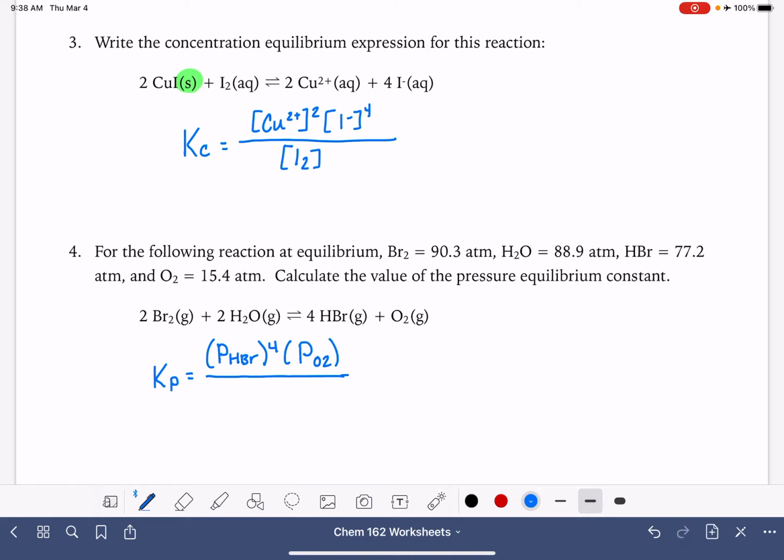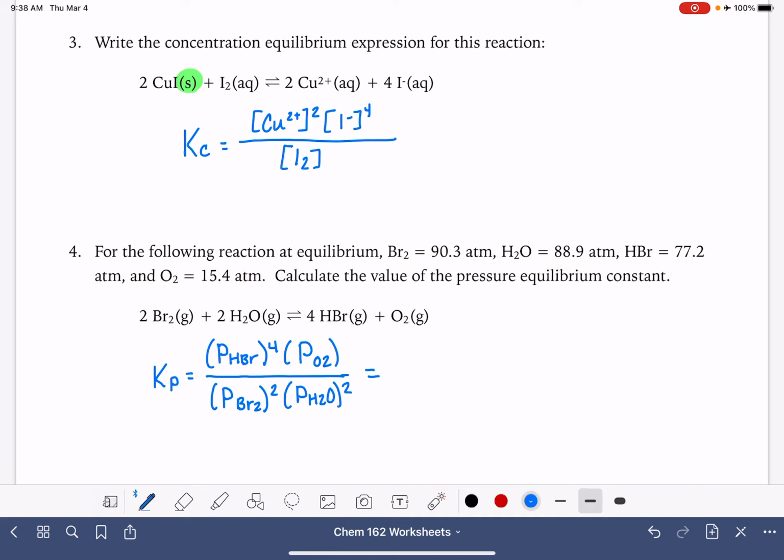And then our reactants, the pressure of Br2 raised to its coefficient, and the pressure of the H2O also raised to its coefficient. So once I have the equilibrium expression established, then I can go along and plug in the values of the pressures that have been provided in the problem.